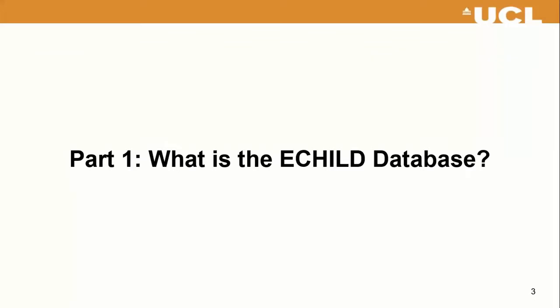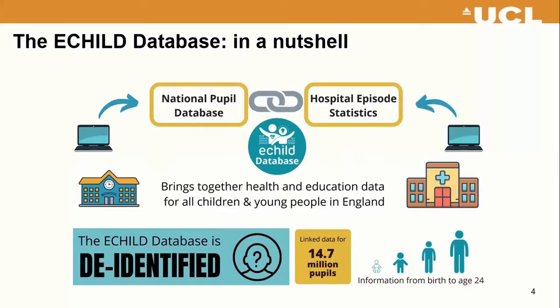So, what is the ECHILD database? The ECHILD database brings together two datasets that are already collected separately in schools and hospitals in England. The first dataset is called the National Pupil Database, which has information about absence, exam results, and special education needs support. The other dataset is called Hospital Episode Statistics, which I will refer to as HES, which has information about hospital admissions, including diagnoses, treatments, and operations.